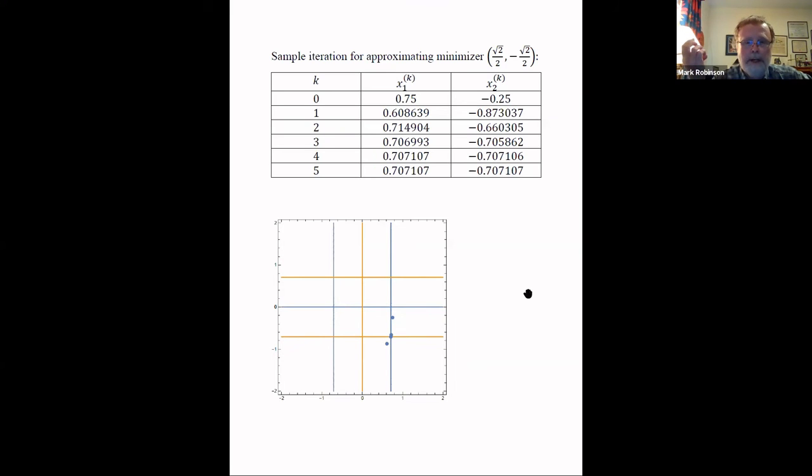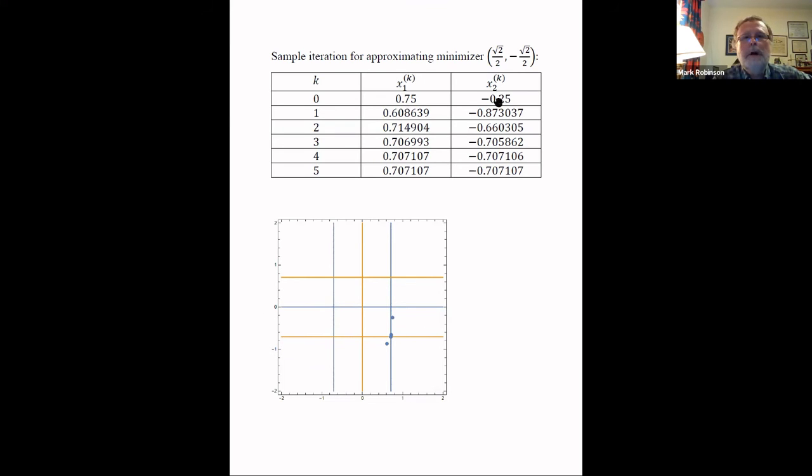In order for the gradient to be 0, both of those partials must be 0. So you're looking at the intersection of blue curves and yellow curves, and you can see where those are. There's one right here, another one right here, one down there. This one, the one we're interested in, is right here. And of course, the one in the middle corresponds to the saddle point right there. Okay, so that's an explanation of what this background is.